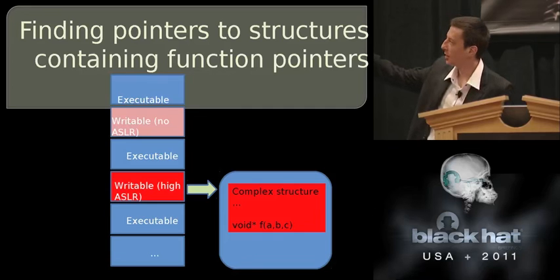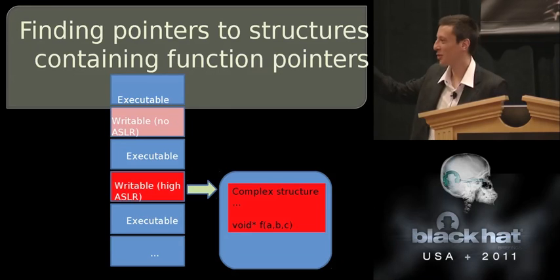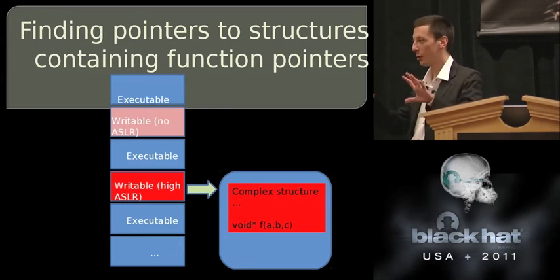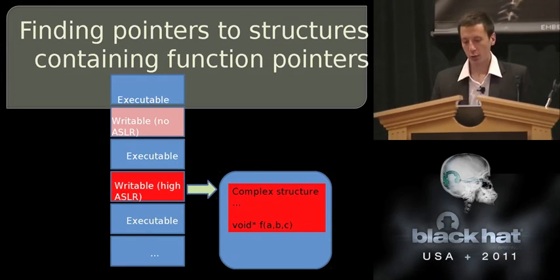So if I detect a pointer to a structure which contains a function pointer, it may be easier to fake the whole structure instead of attacking the pointer in the shared library. So how do we detect that?